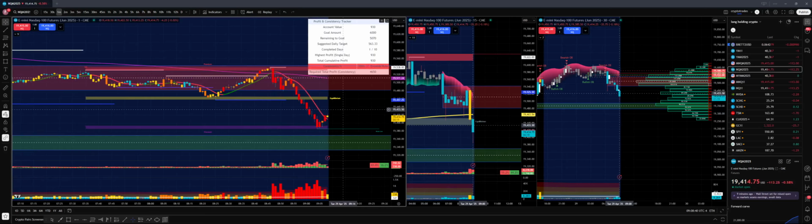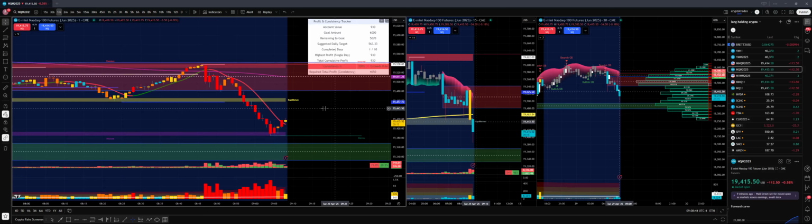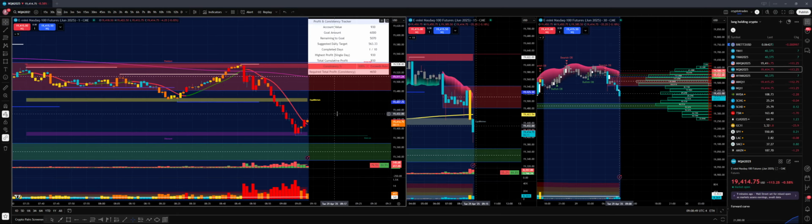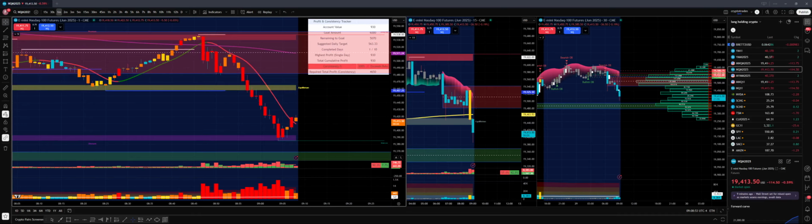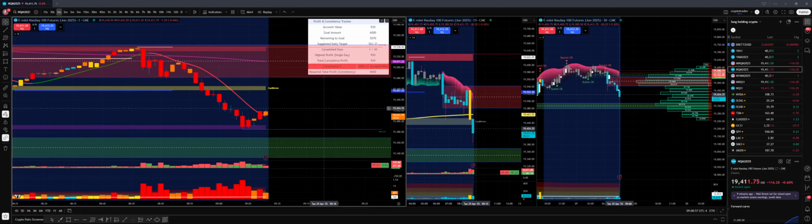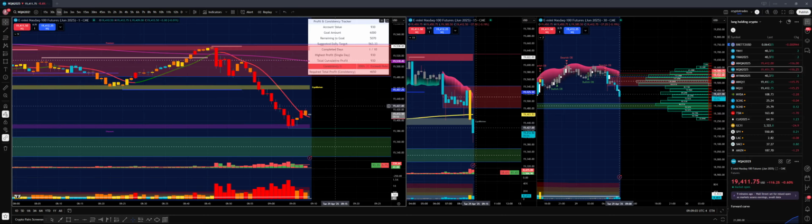There are outages on platforms all the time. So have those set in, so if anything does happen, worst case, you get stopped out. But at least you know your account is not getting blown up because you didn't have a stop loss set in. By the time you get your computer back on or the charts back running, you're liquidated or something crazy.